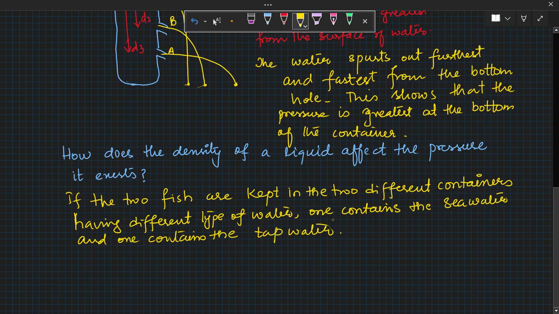What we know is that different liquids will have different densities, right?